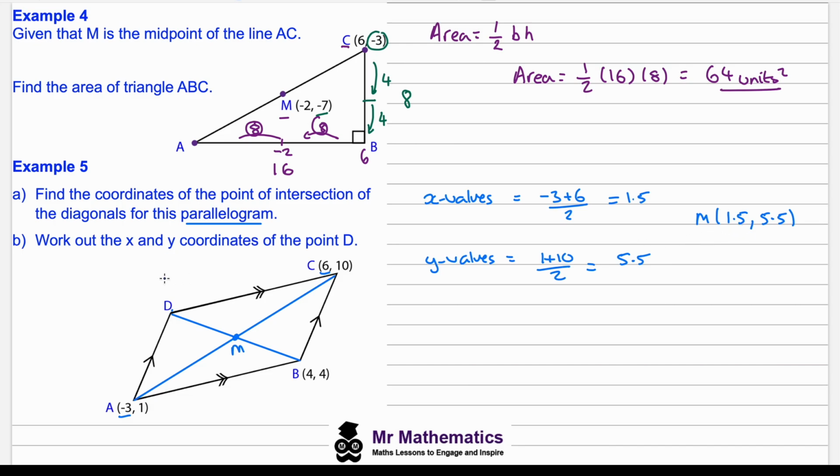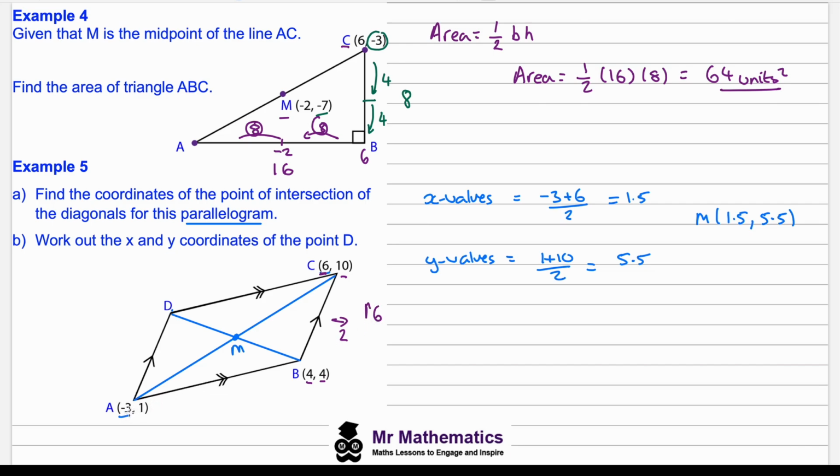And finally, for part B, work out the x and the y coordinates of a point D. Well, again, we can use the fact it's a parallelogram, which means A to D has the same direction and magnitude as B to C. And to go from B to C, we need to go 2 across in the x direction, and we need to go 6 up in the y direction to go from 4 to 6.